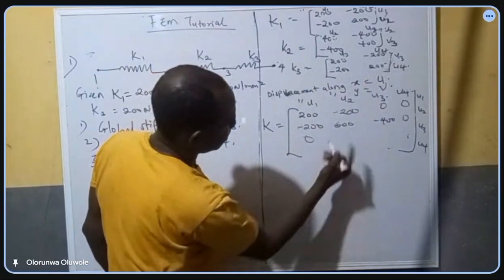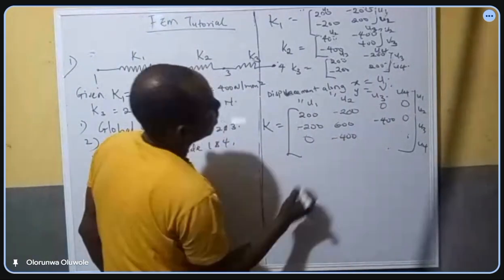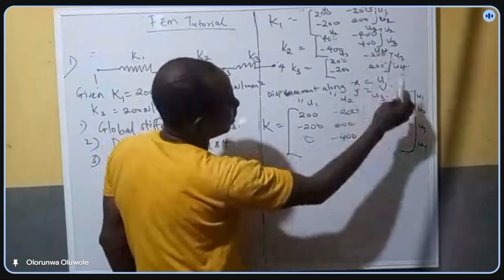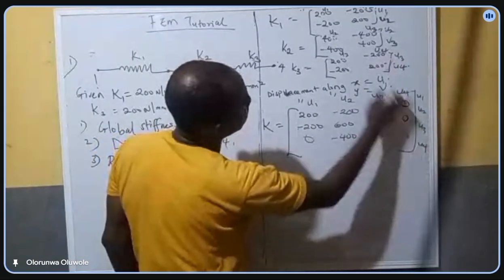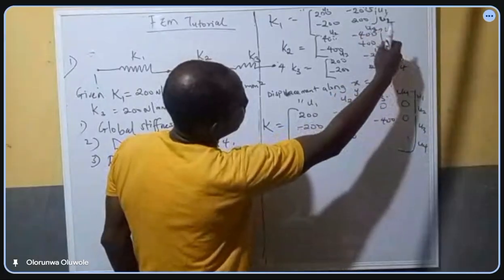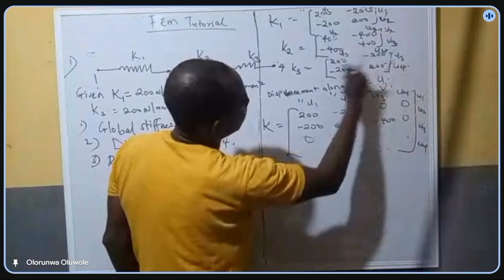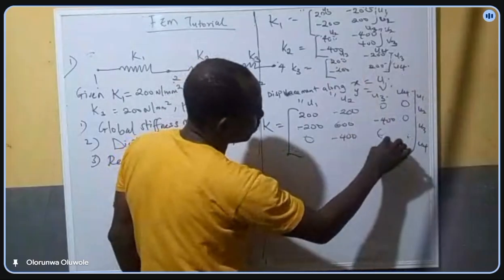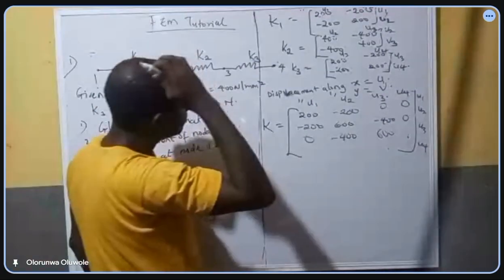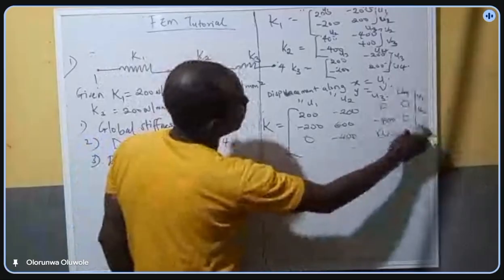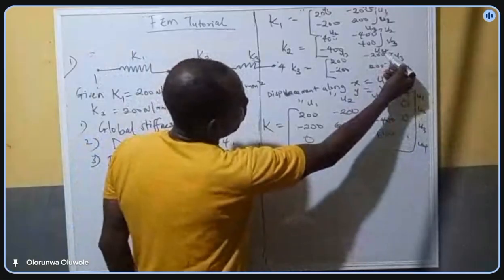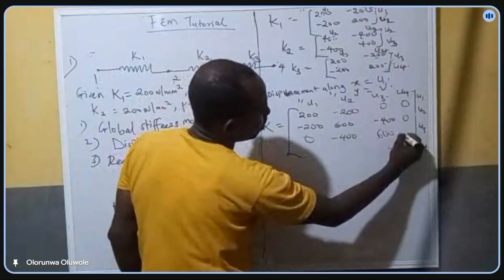I think that's it. Then we come to U3, U3. 400 here. Then U3, U3, 200 here. Making 600. And then U4, U3. That's minus 200.